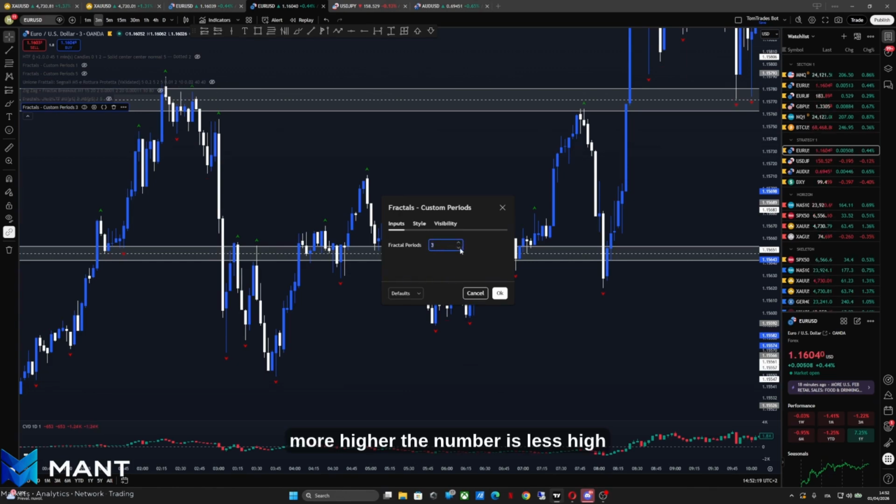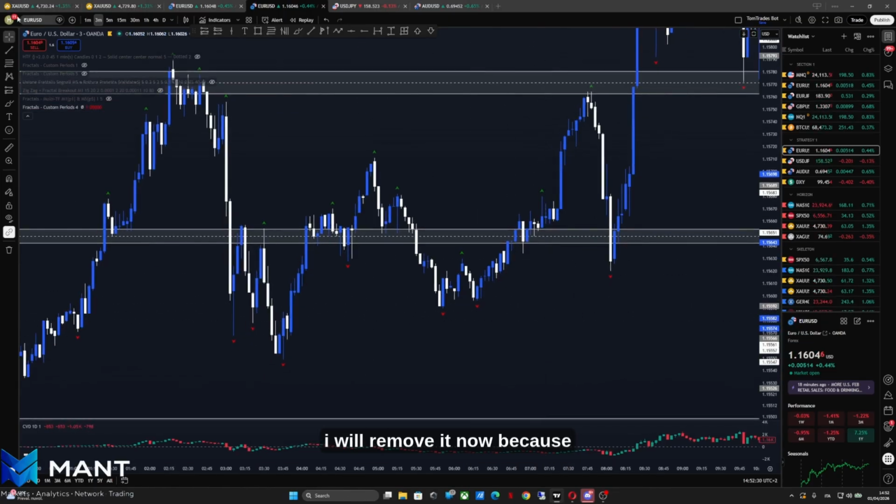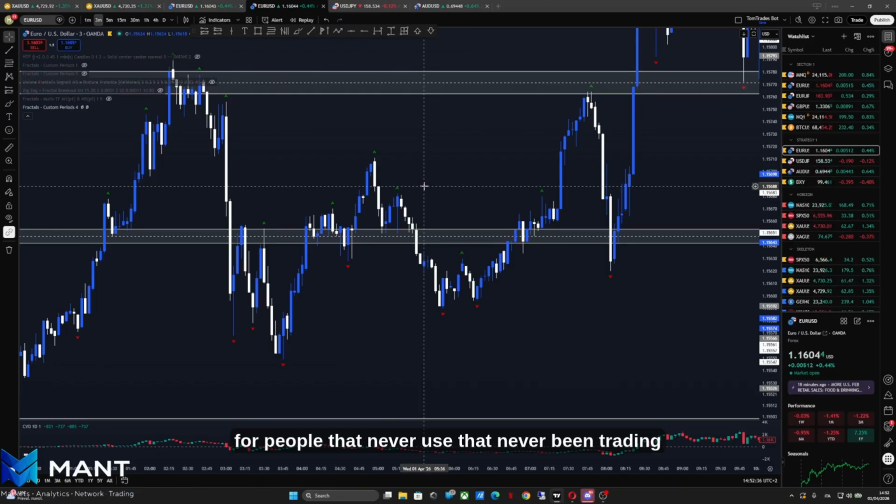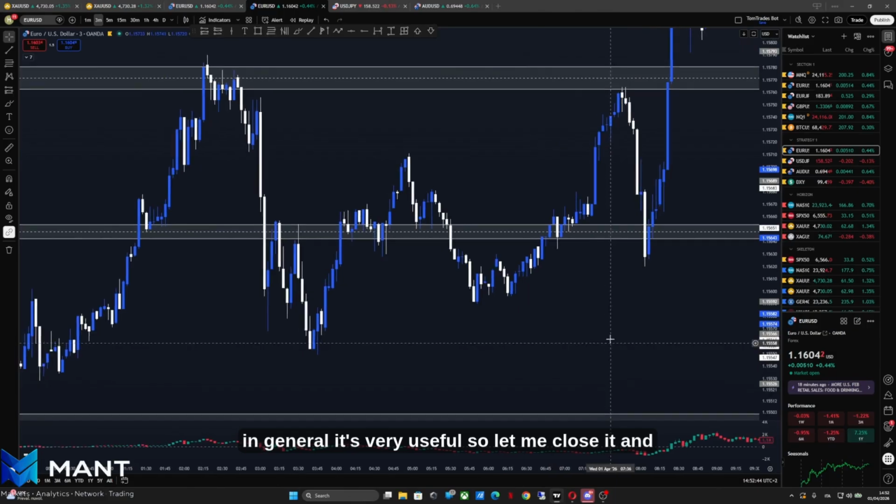The higher the number is, the fewer highs and lows you will find, so I suggest you put 3 or 4. Let's put 4. I will remove it now because I don't use it. For me it's not very good, but for people that are new to trading in general, it's very useful. So let me close it, and let's start here.